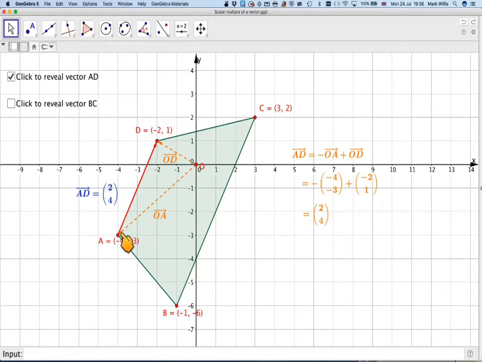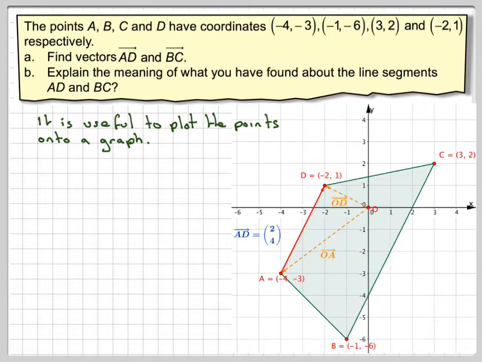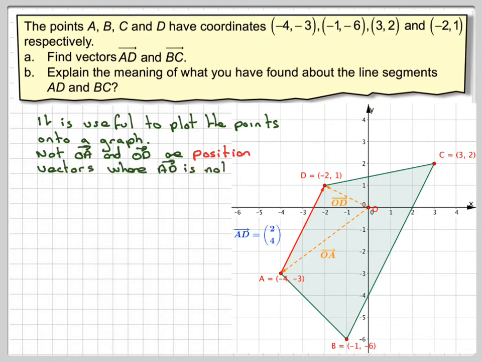This is a very, very important concept to realise. So, here's a screenshot of what I've just done. Note, OA and OD are what we call position vectors, and AD is not, it's just a vector in space.